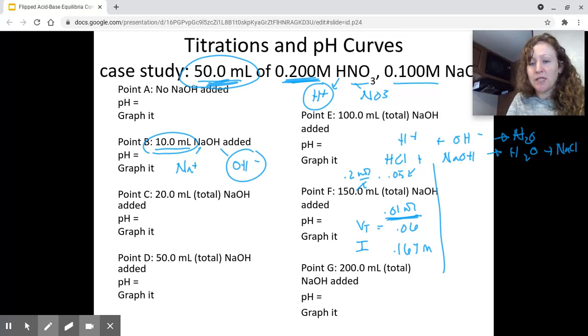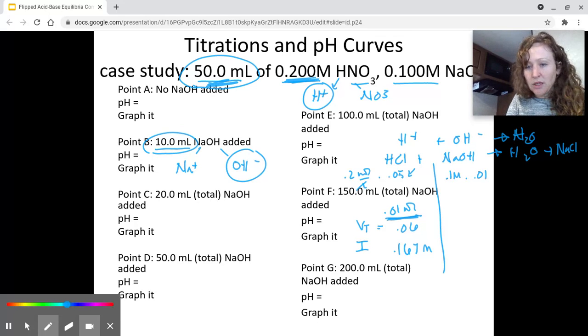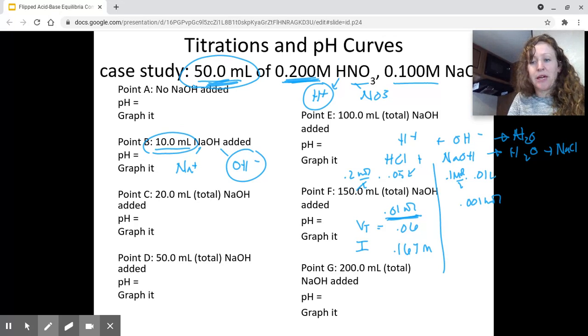So we take our initial molarity of NaOH times our initial volume of NaOH. So that's 0.001 moles. So remember, I have moles per liters times liters. The liters are going to reduce out, and I'm left with moles.